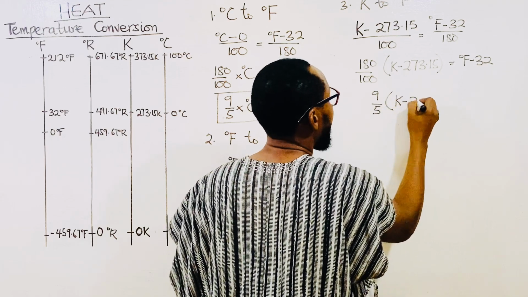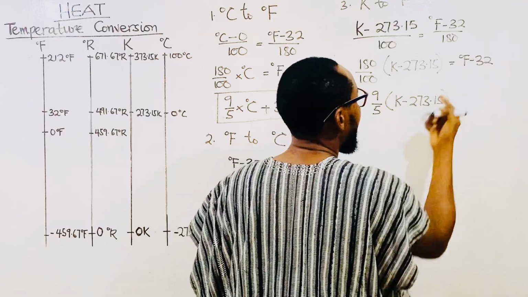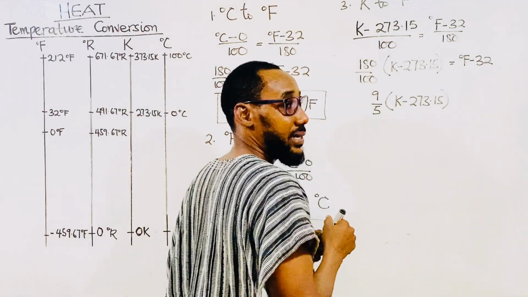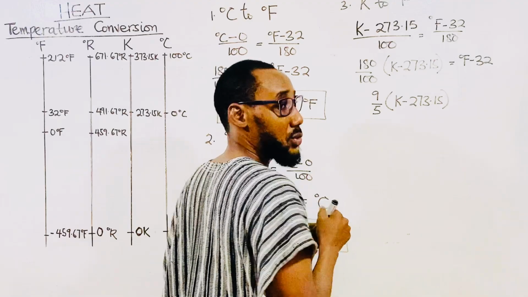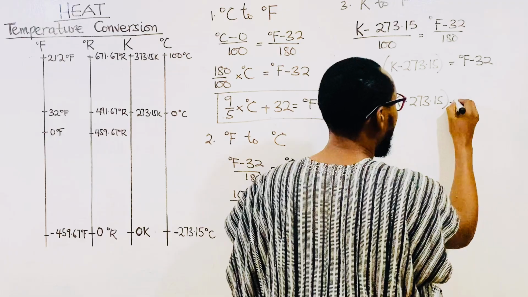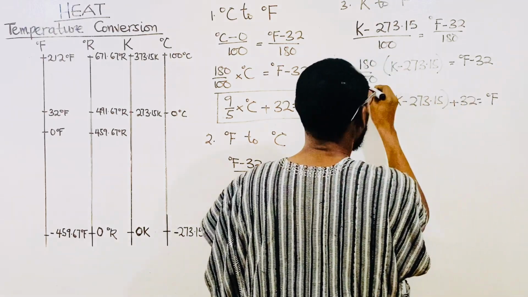So K minus 273.15. Of course, we want the degrees Fahrenheit to stand alone, so we either add 32 to both sides, or we move the negative 32 to the other side, and then we have this. Of course, this gives us that.